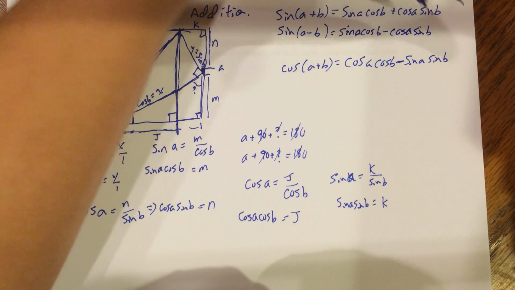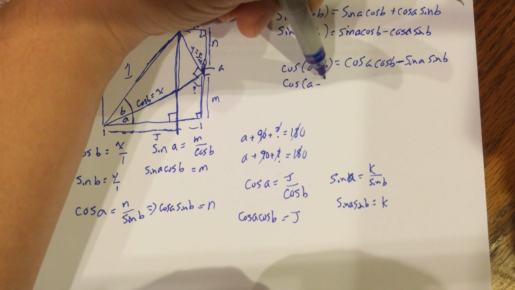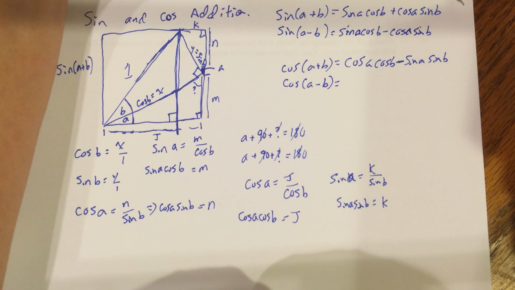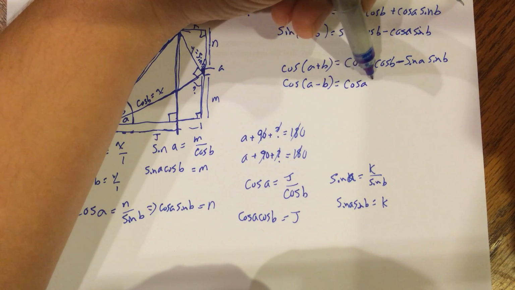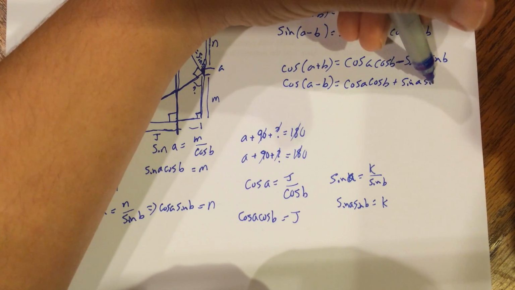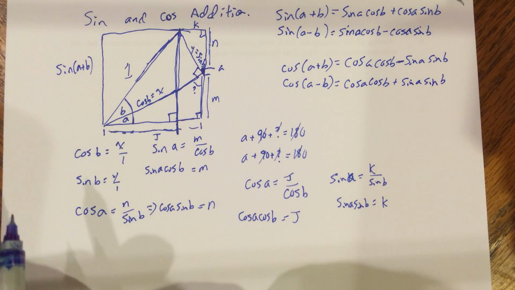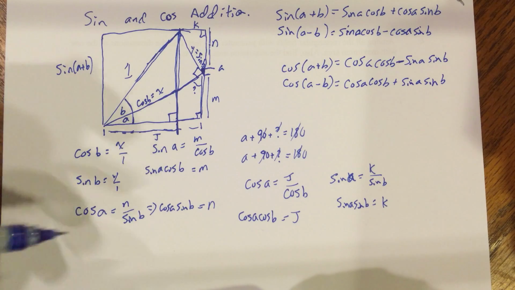And honestly, you can figure this out yourself by just subbing in the negatives to see what happens. Cos A, cos B plus sine A, sine B. So subtraction formulas just change the sign in the middle. Also, tangent formulas, you can memorize them if you want to, but you know how to find tangent.